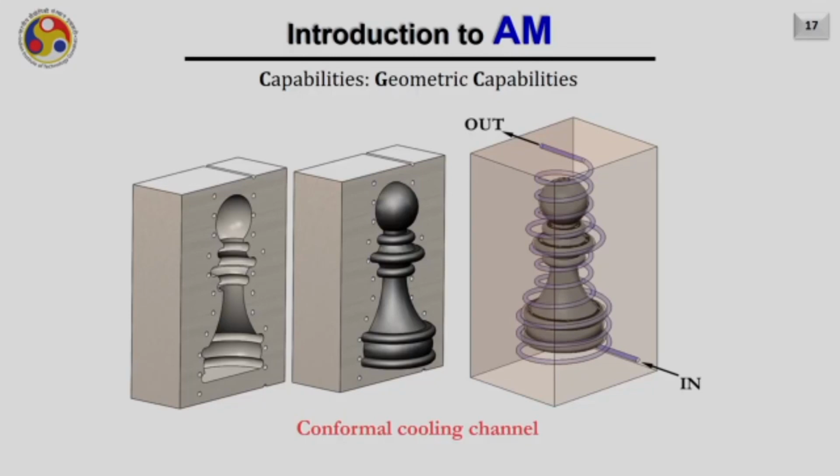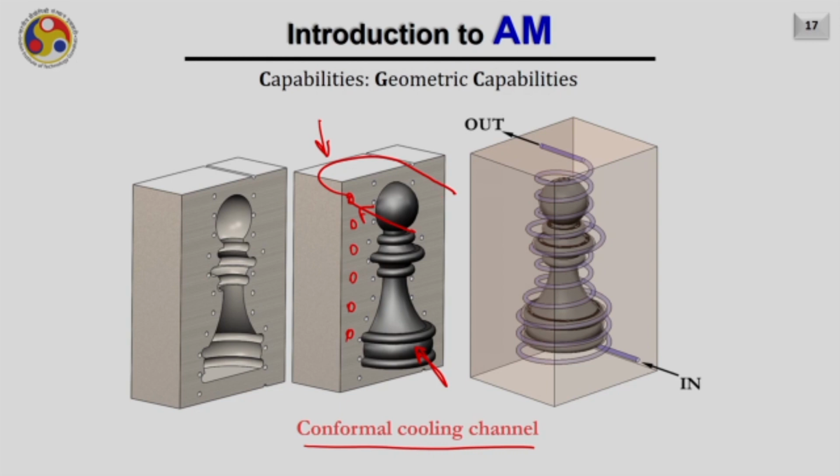Other geometric capabilities are like realizing conformal cooling channels. Conventionally, when we have this type of die, for example, to manufacture this particular object, we used to have cooling channels that are straight drilled, and then the water can go only from one side, circulate and come out through the other side.